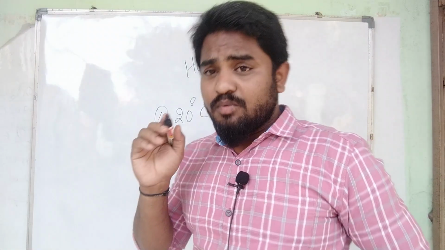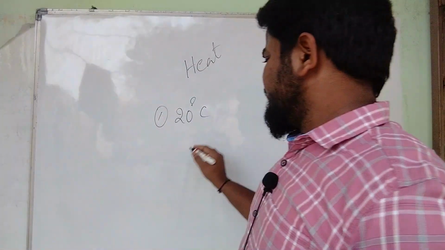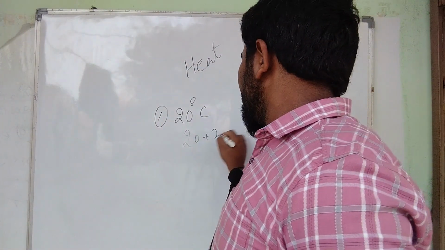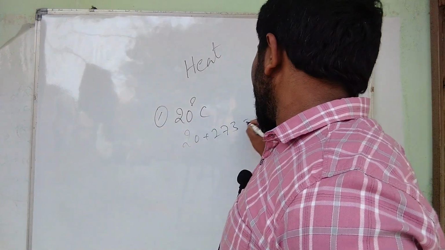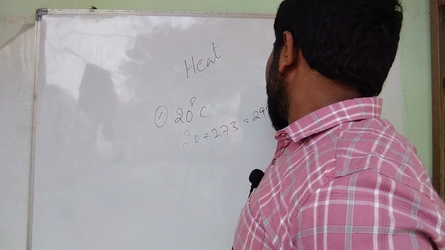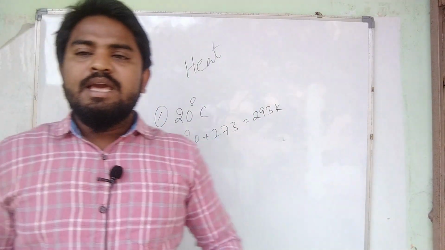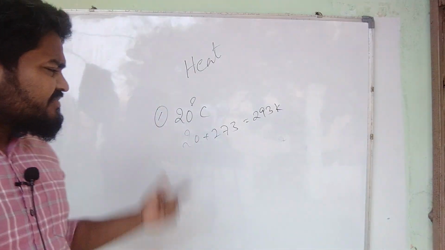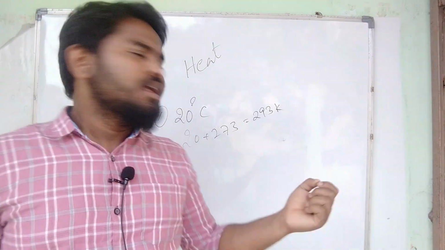Actually it is 273.15, but approximately we can take it as 273. 20 plus 273 equals 293 Kelvin. Like this they are very small questions, you can do them on your fingertips.